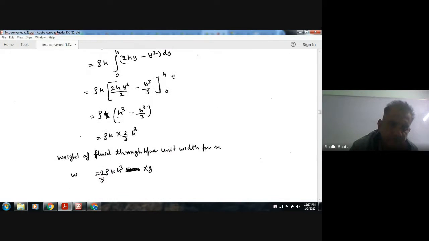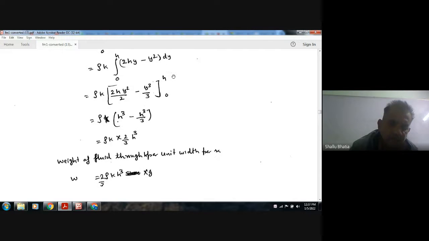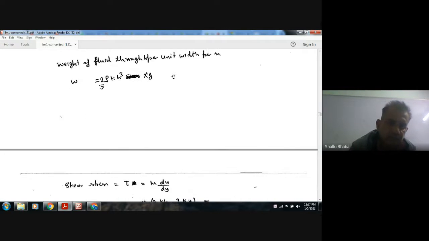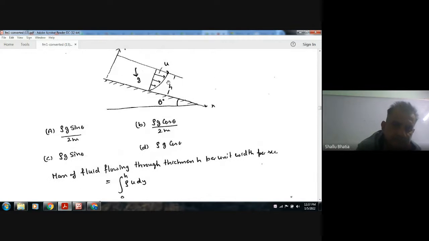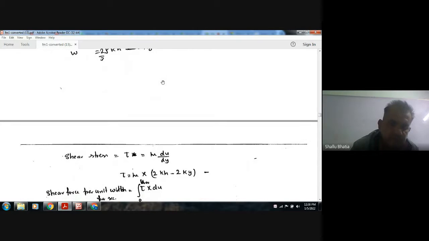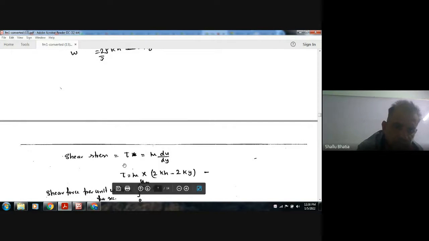Now if we multiply the mass by g, then it is the weight flowing per second. Now to find out the shear stress, we have this equation at any layer from the bottom: tau is equal to mu du by dy.